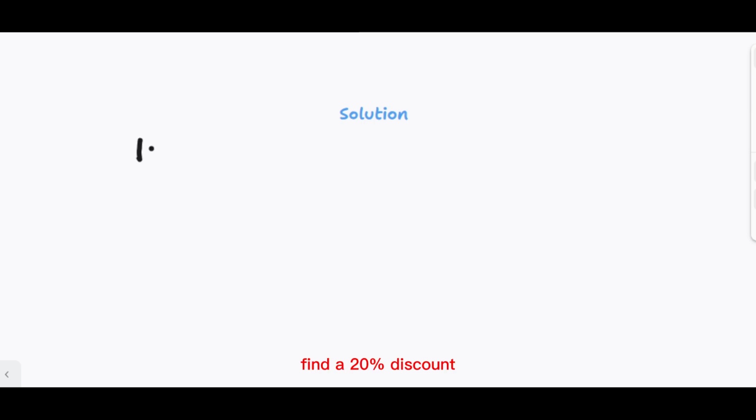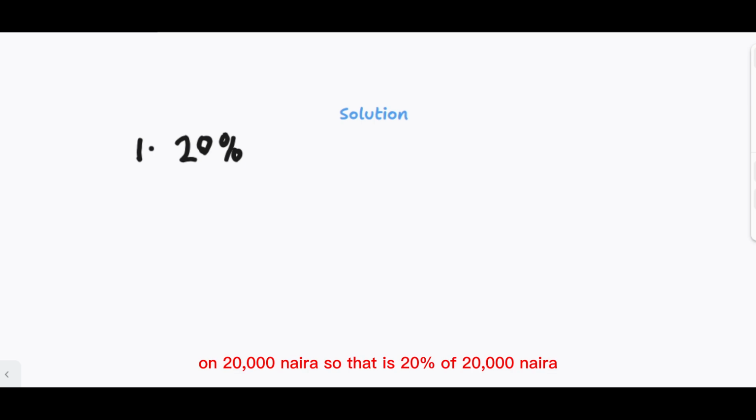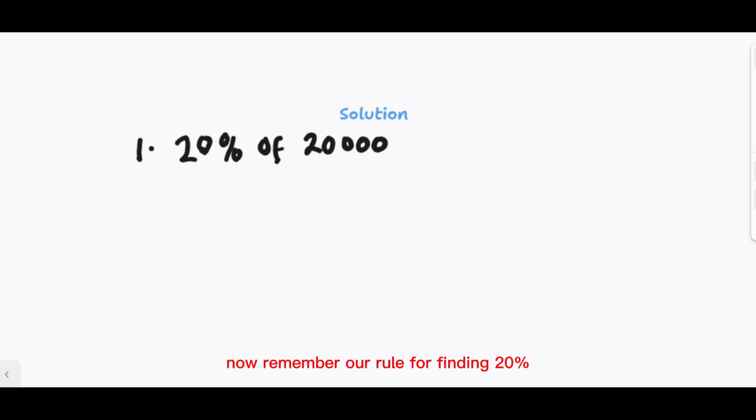Find a 20% discount on 20,000 naira. So that is 20% of 20,000 naira. Now remember our rule for finding 20%. 20% simply says double of 10%.